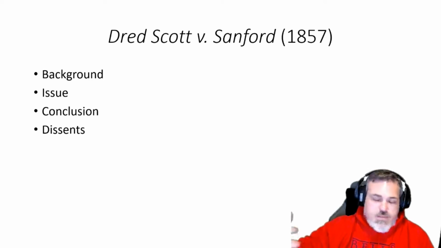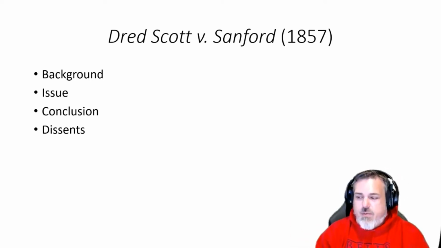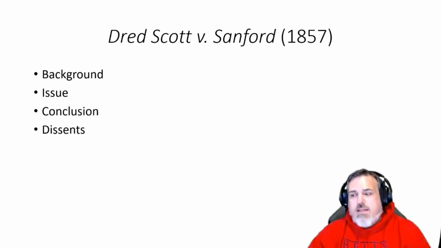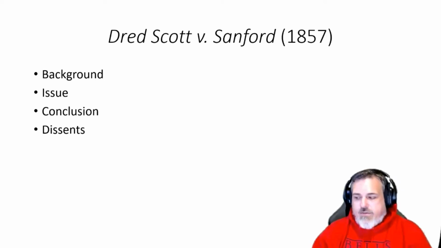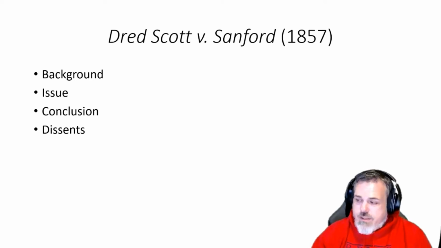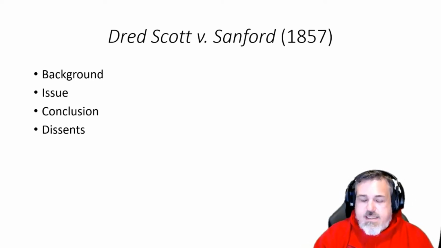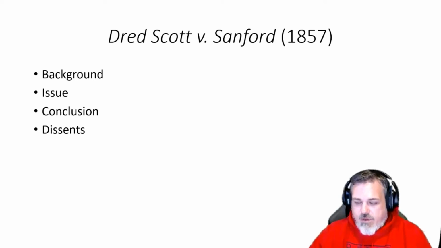And so since Scott was residing in Missouri when he was sold, he still remains a slave. Ten years later, in 1856, Scott files a new suit. This time he files suit in a federal court claiming the exact same premise that he did 10 years earlier, that his stay in the free lands of Illinois and Wisconsin functionally made him free in Missouri.